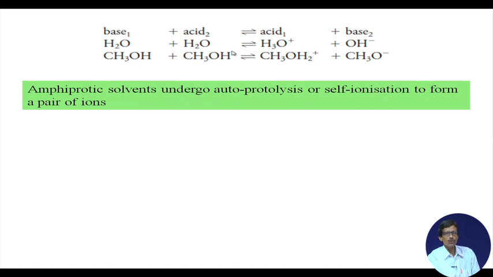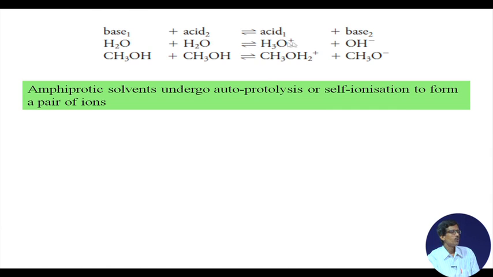You cannot stop this basically. If you have a mixture, some dissociation can take place. They are weak electrolytes as per our definition, but you cannot stop this; they are all in equilibrium.